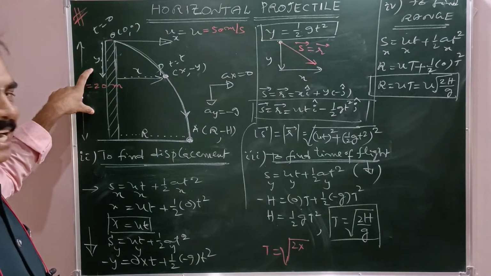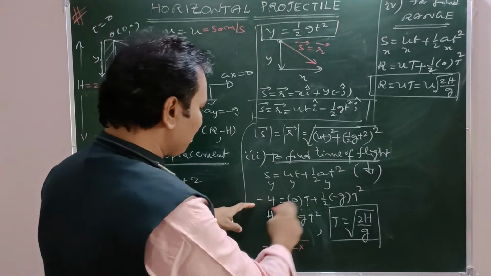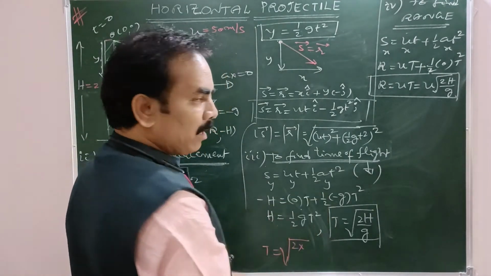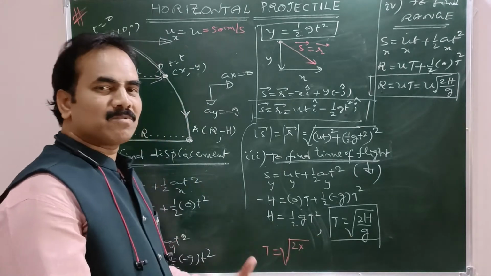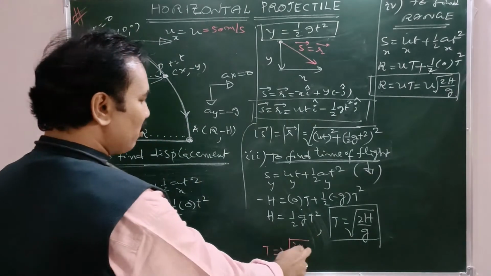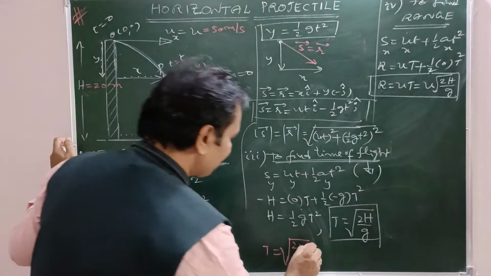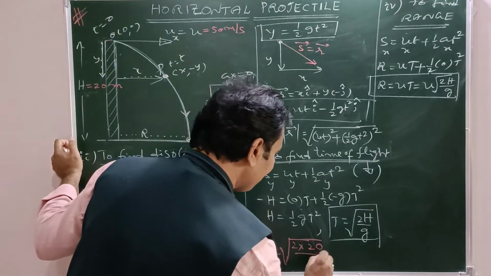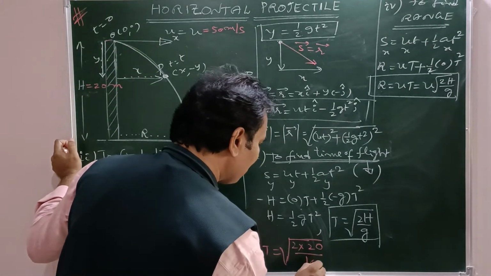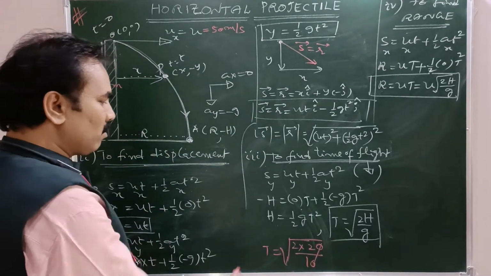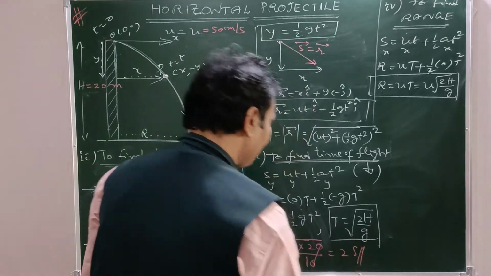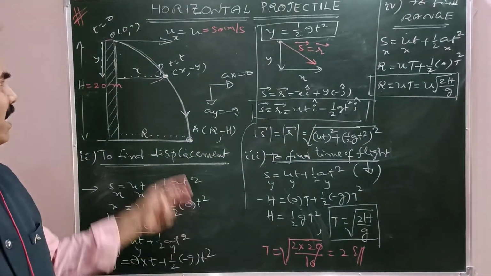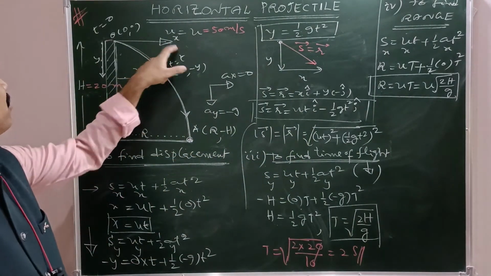Here no need to consider the negative sign, because the sign convention was already taken in the beginning. So in the expression no need to take sign convention; simply we have to substitute values. That is 2 into 20 by g, taking g as 10. So 0 0 cancel, root of 2 square, that is 2. So 2 seconds. It takes 2 seconds to reach the ground for this numerical.